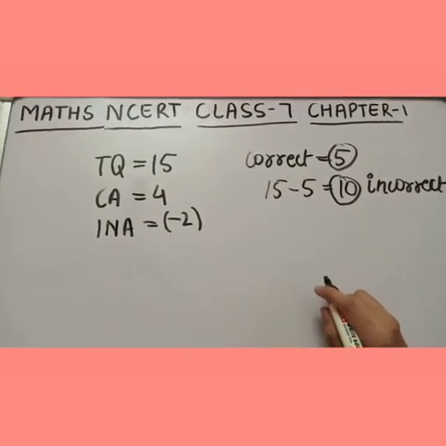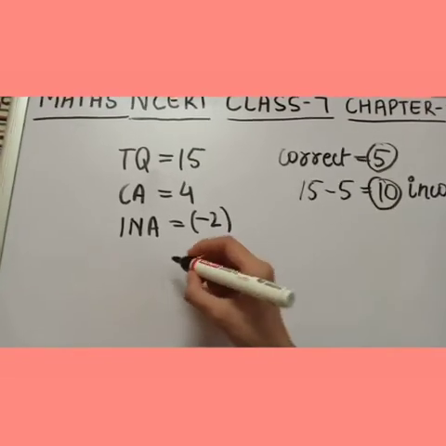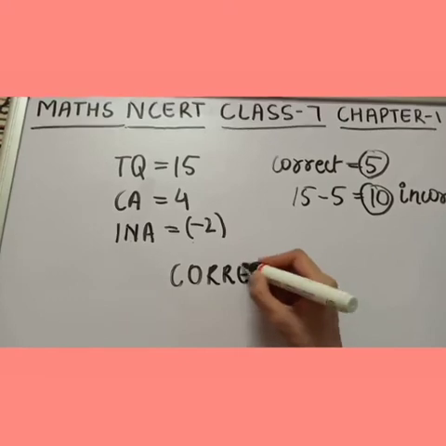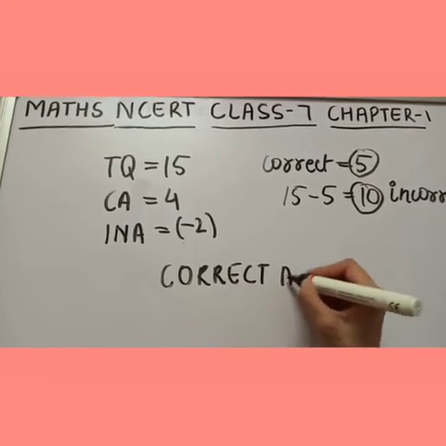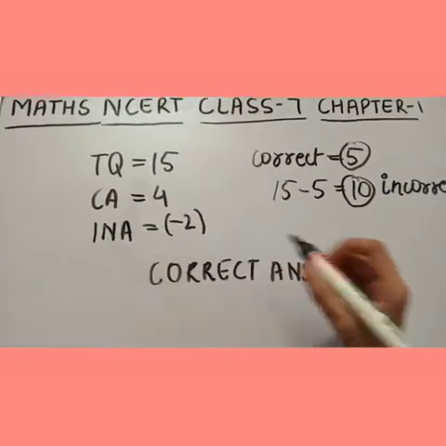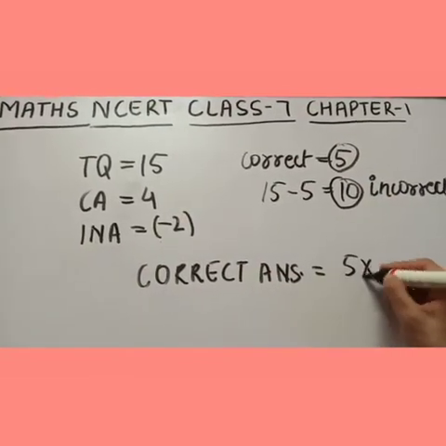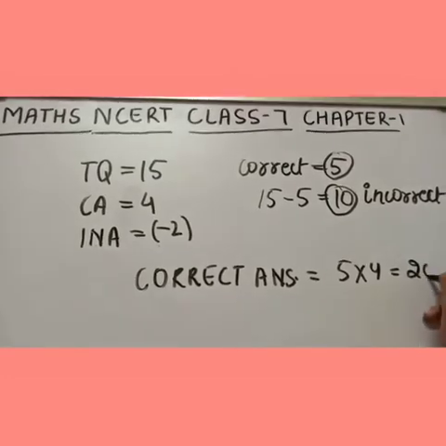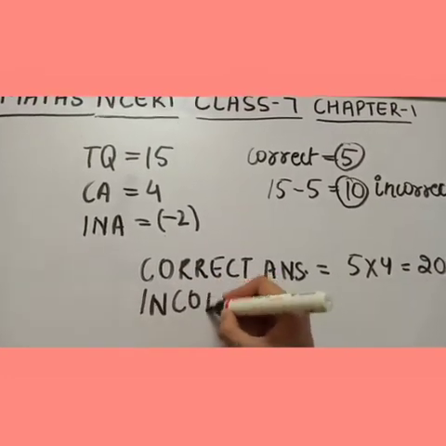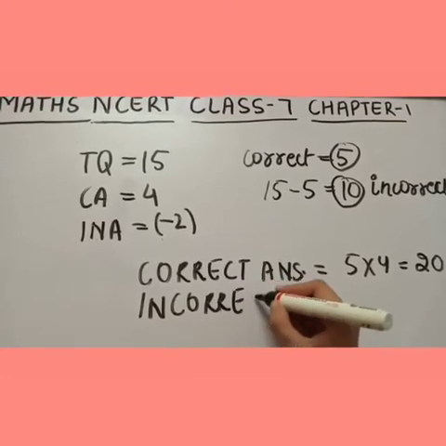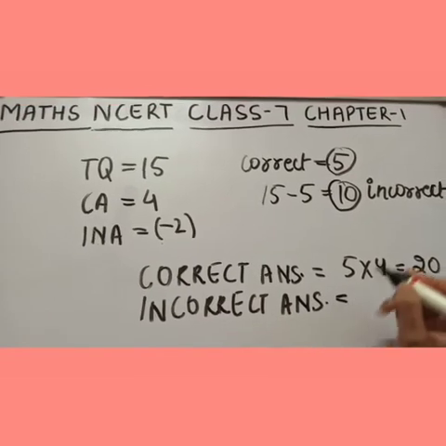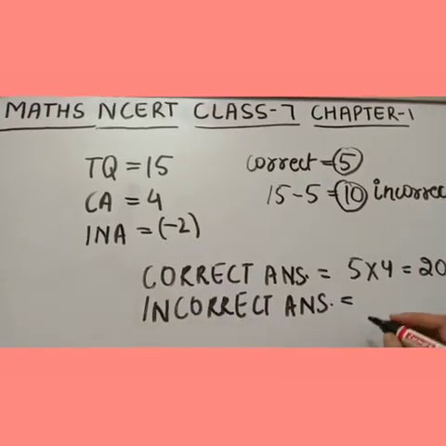Now what we will do is, for correct answers, how much will be the marks of Gurpreet's friend? 5 multiplied by 4 equals 20. And for incorrect answers, 10 multiplied by minus 2.